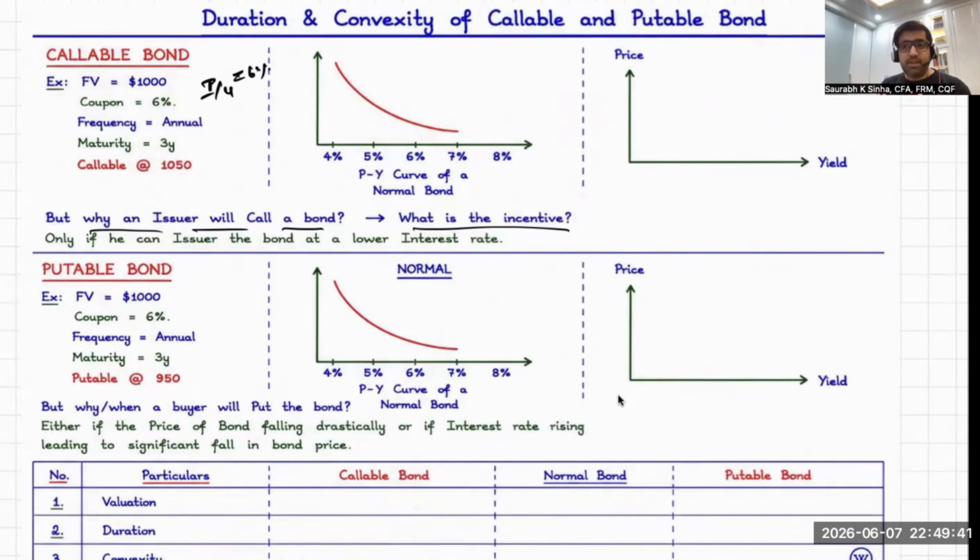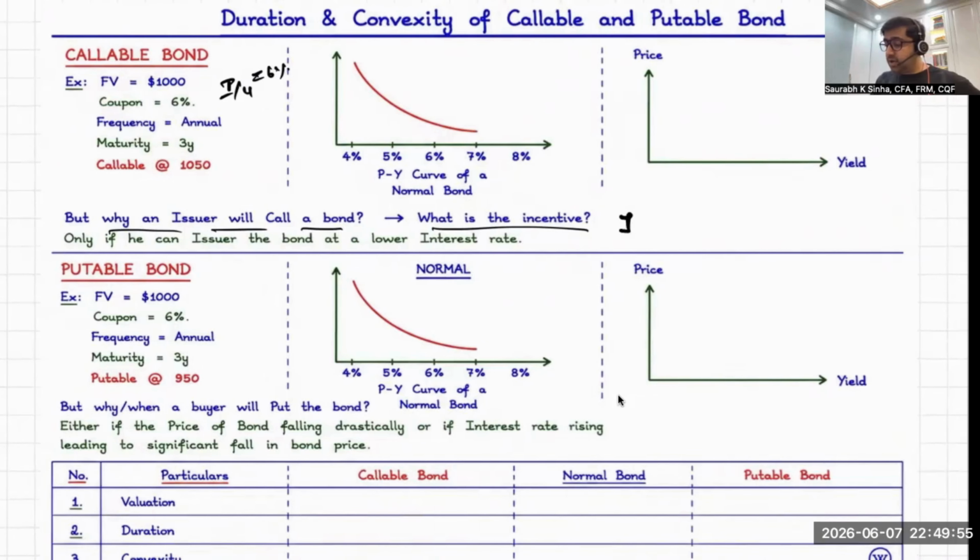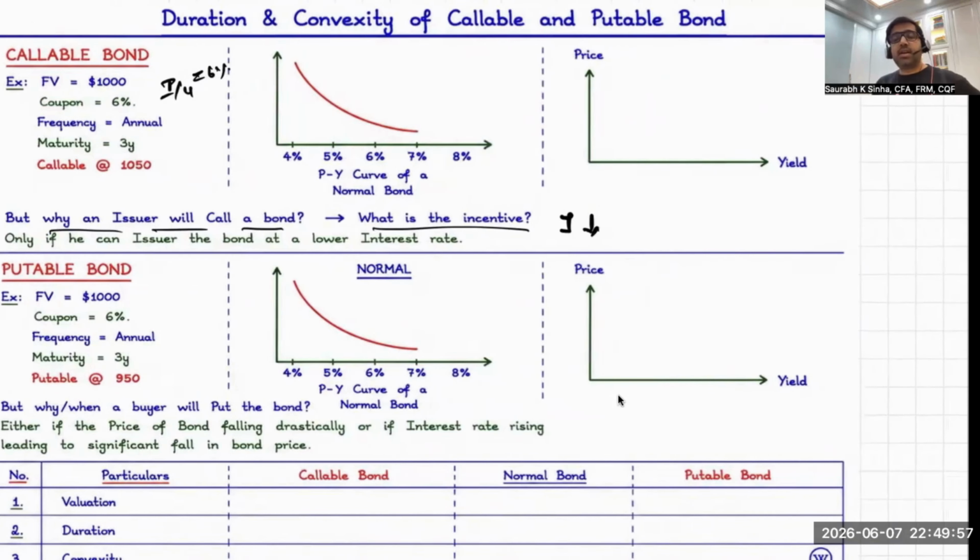And it will benefit the bond issuer, not bond buyer. So a bond will only be called by the bond issuer if the interest rate has fallen or falling. Otherwise not. And that is bad for the bond buyer because I'm holding the bond.